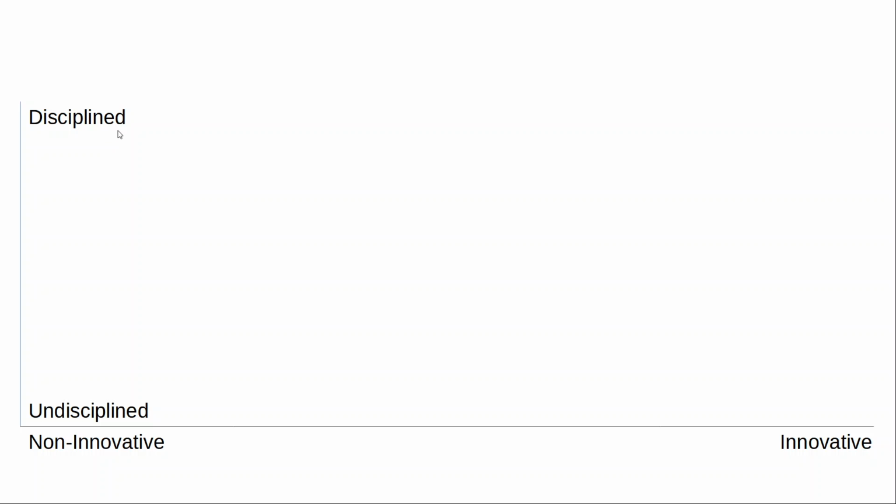So we're talking about processes here. We would have right over here non-innovative disciplined processes and non-innovative undisciplined processes down here and so forth across the chart.